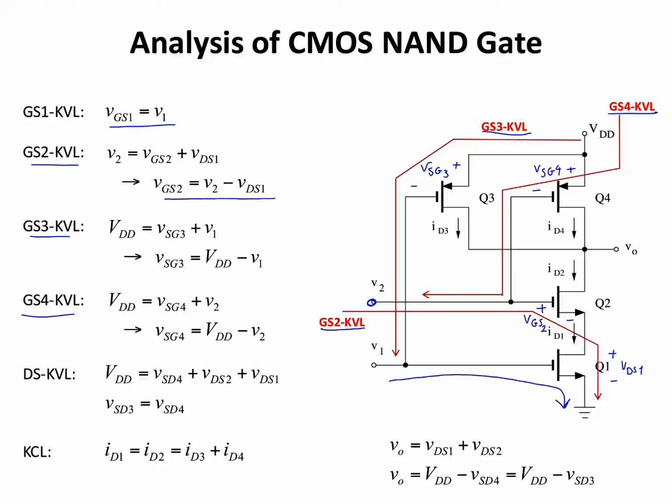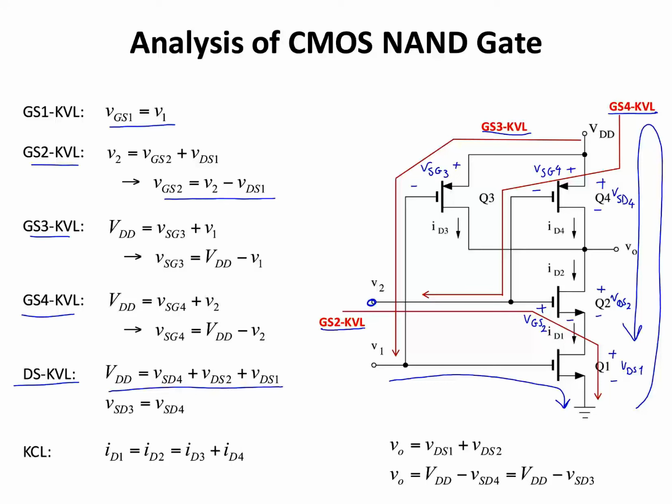The other KVL is for this loop in here, and that gives me the drain-to-source equation, which is VDD equals VSD4 plus VDS2 plus VDS1. The small loop in here tells me that VSD3 equals VSD4.